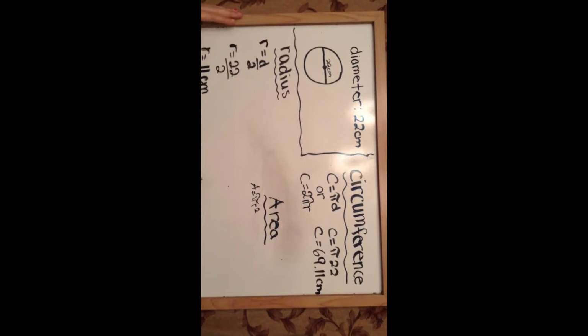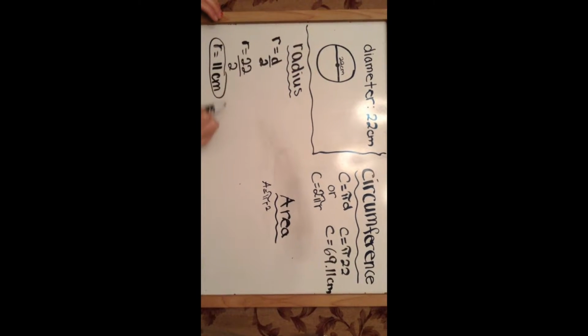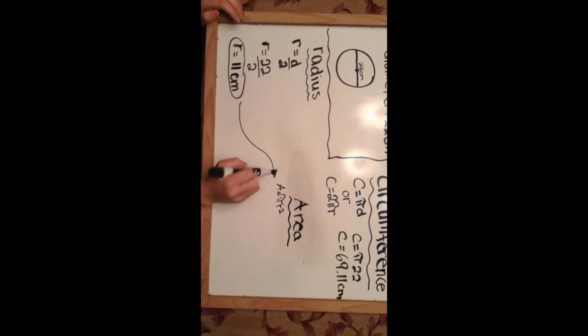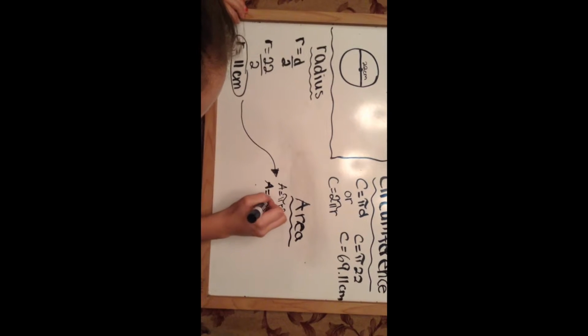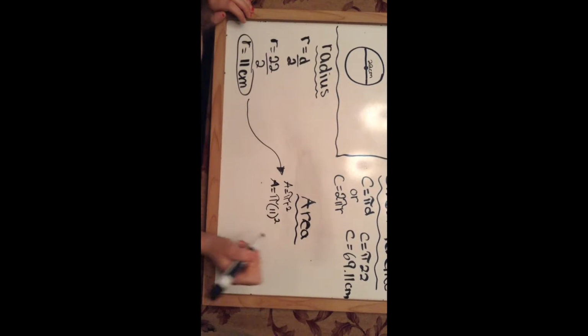Now I want to find the area. I figured out what my radius is, which is 11 centimeters, and I'm going to plug it in to the area formula. So A equals pi times 11 squared.